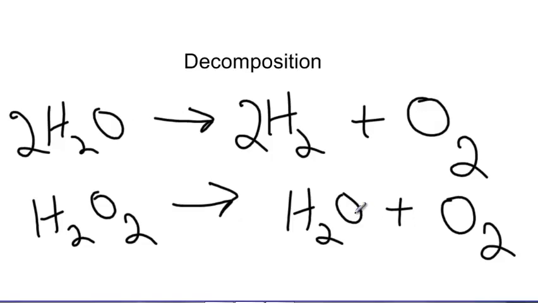Now let's see, there's 3 O's there, only 2 O's there, so a 2 there and a 2 there. 4 hydrogens, 4 hydrogens, 4 oxygens. That is balanced. Okay? But you'll notice this is a decomposition reaction, but my products are not elements. So they don't have to be. It's just something falling apart into simpler things.